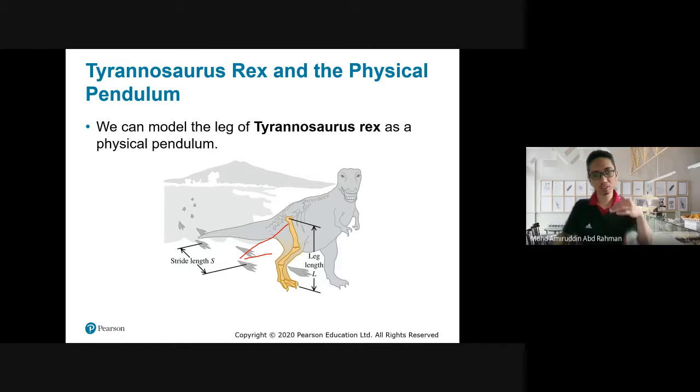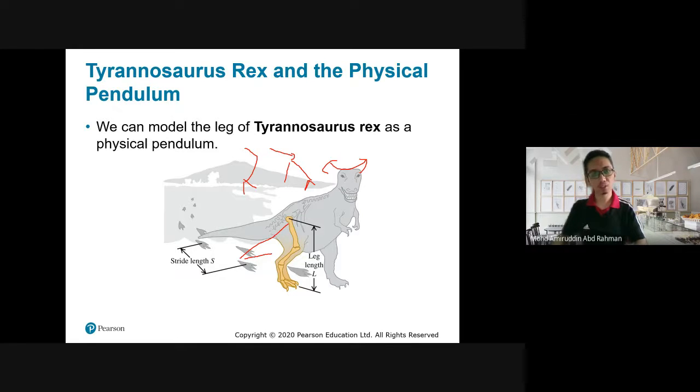Because the T-Rex will use its leg, the legs will swing back and forth like that.